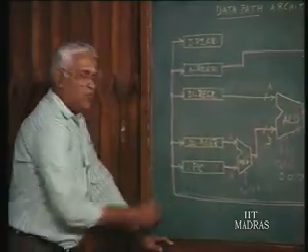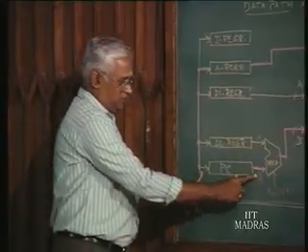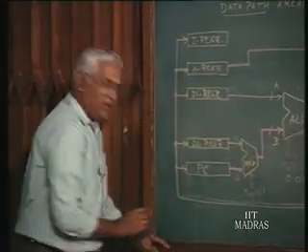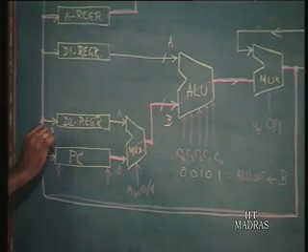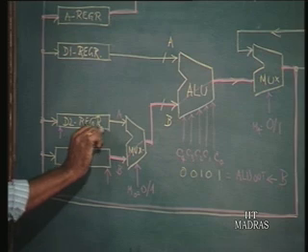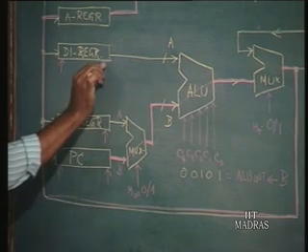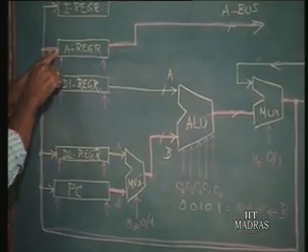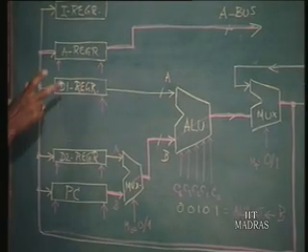We have two things. One is the input for the register and the other is the output. So we must have control signals enabling the input side as well as enabling the output side. The way I have drawn this particular figure, it may appear as if something enters and travels down the register, as in the case of a shift register.